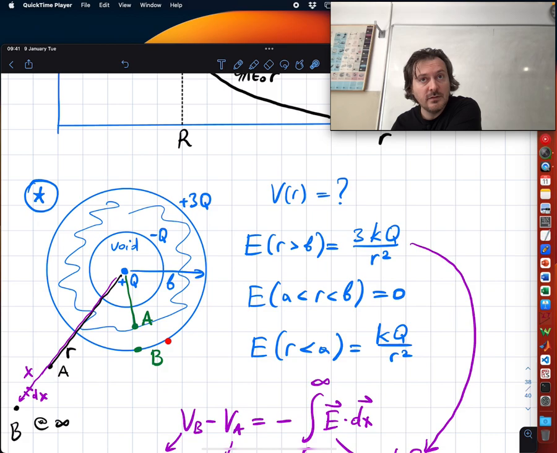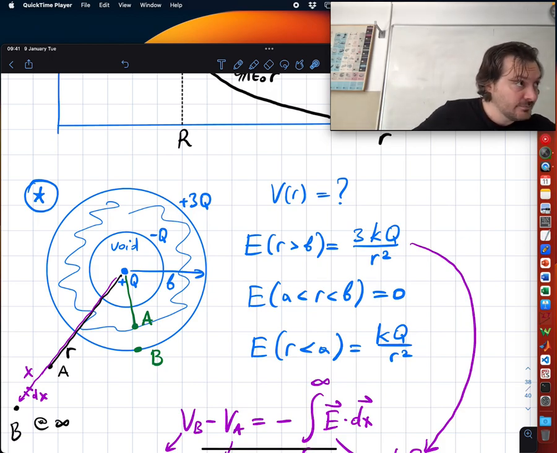Why don't we take it all the way out? Because the formula here is 0, then it changes to some other formula. So we integrate in the region where the formula doesn't change.